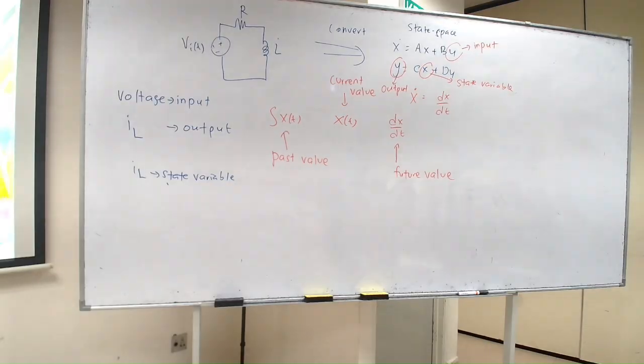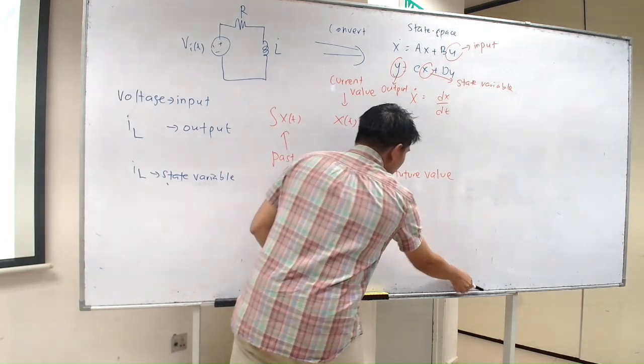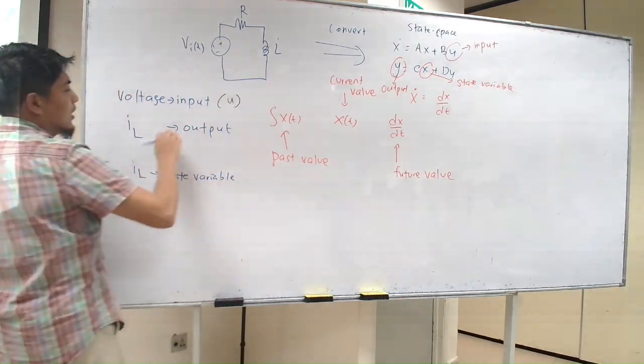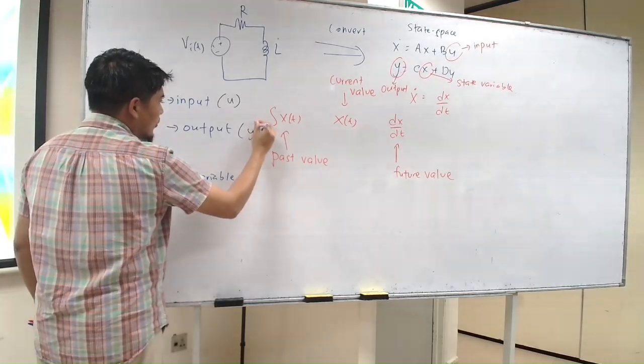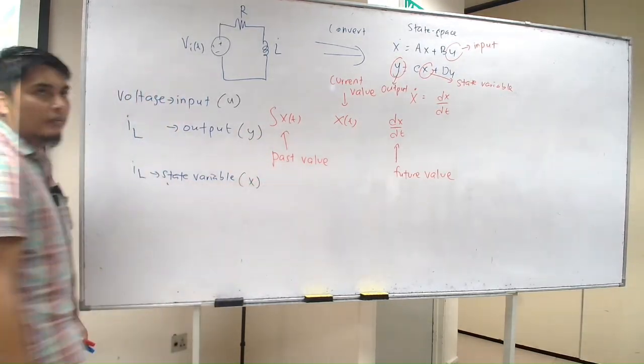So you must know the meaning of the state space equation. X refers to state variable, U refers to the input, Y refers to the output. Okay. So in this case, we can conclude that the input is U, the output is Y, the state variable is X.